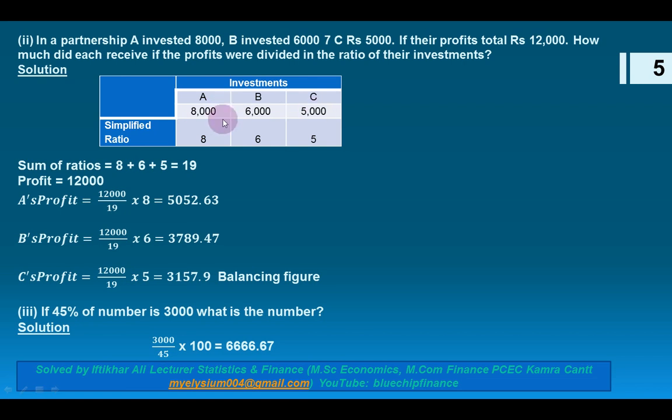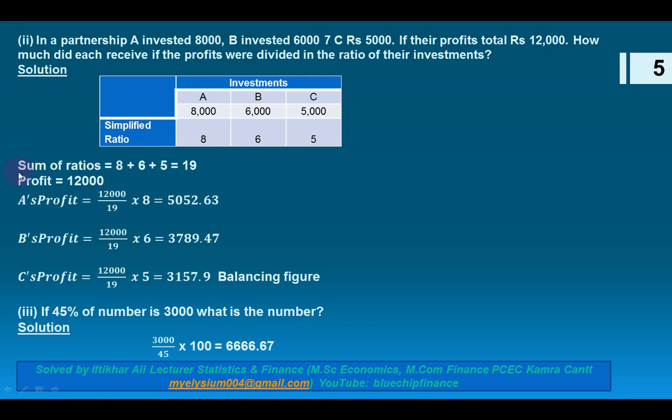You can use the simplified ratio form. For example, 1000 multiplied by 8 equals 8000. 1000 multiplied by 6 equals 6000. 1000 multiplied by 5 equals 5000. So the reduced ratio form is 8:6:5.